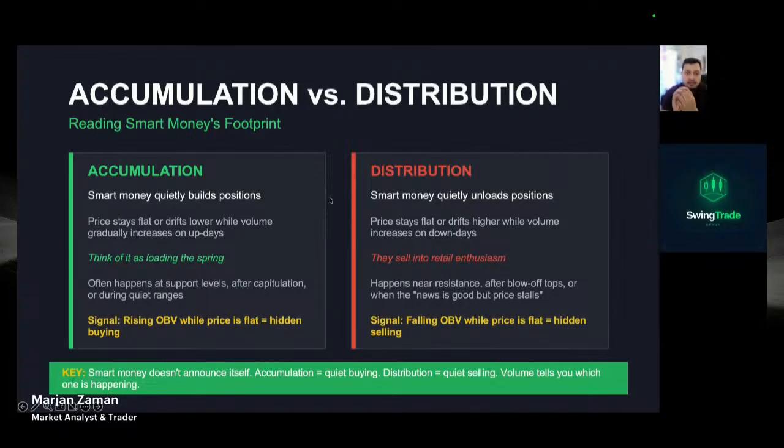So next, we're going to look at accumulation versus distribution. This is something that you're going to learn much more if you trade with me live. What kind of price action are we seeing while we're going sideways? Are we forming a cup and handle pattern? Are we forming a double bottom pattern?